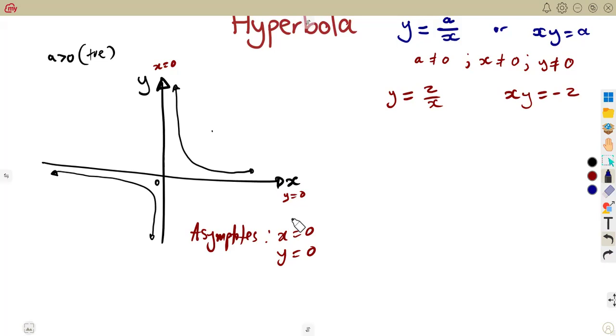So it is very important to notice these conditions when you are attempting these questions. X cannot be equal to 0, y cannot be equal to 0.